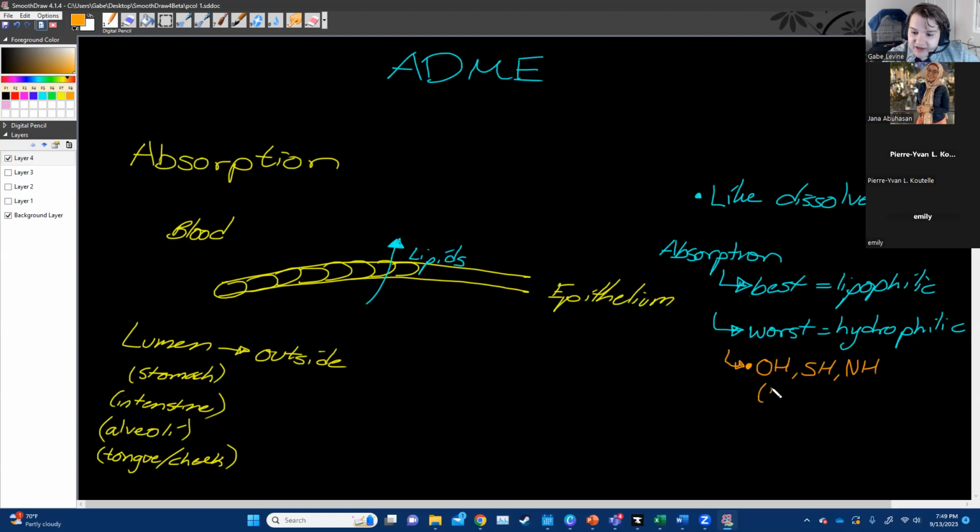The reason for this is that all three of these bonds cause hydrogen bonding. And we know from biochem that one of the strongest interactions in intermolecular reactions is hydrogen bonding. This is what keeps DNA together. This is how water is able to stick to itself. So a drug that has lots of OH, SH, or NH bonds is going to be incredibly hydrophilic.